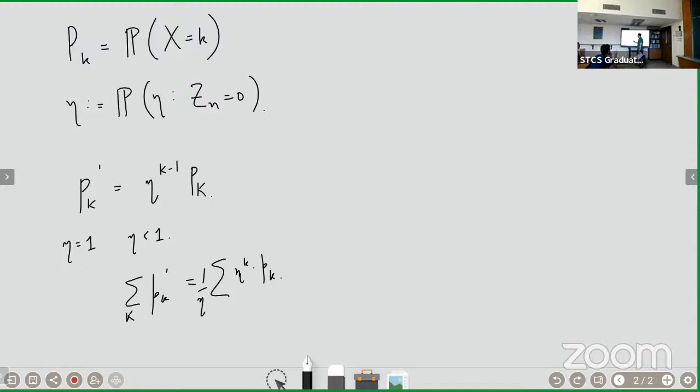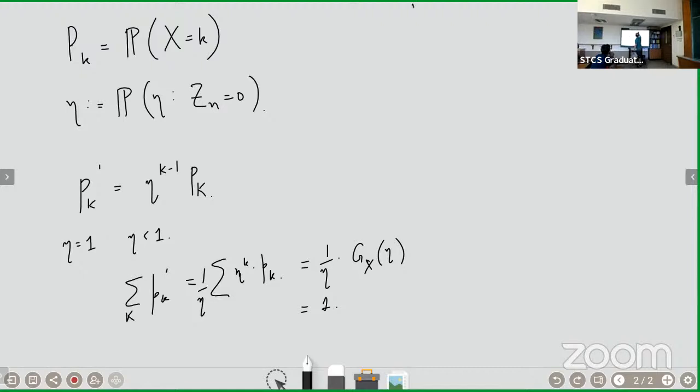This is equal to 1 over eta times g of eta, and g of eta is eta. So this is one. This is in fact a probability distribution.